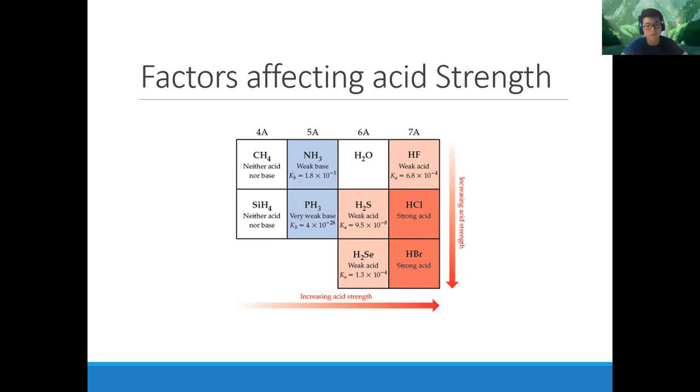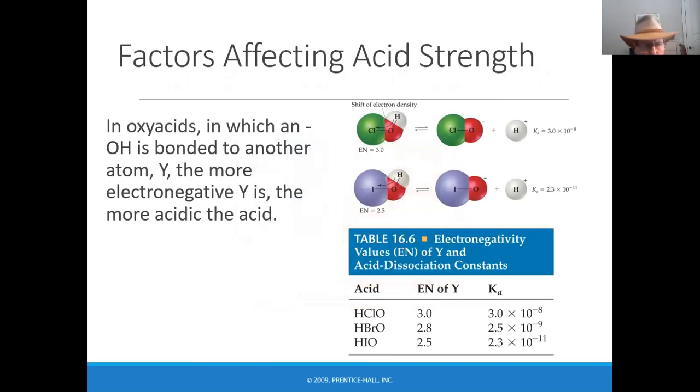Yeah. Now, when I'm dealing with an oxyacid, I have to realize that if I have a real electronegative atom attached to my oxygen, it is pulling some of the electronegativity away from the oxygen.